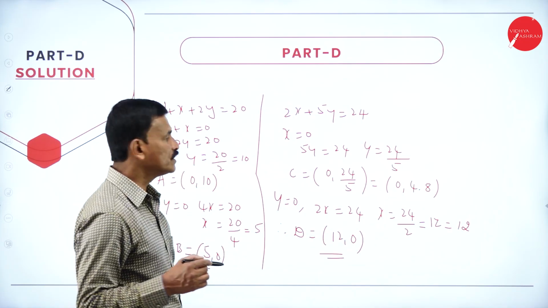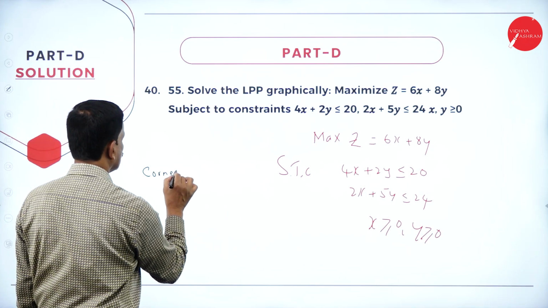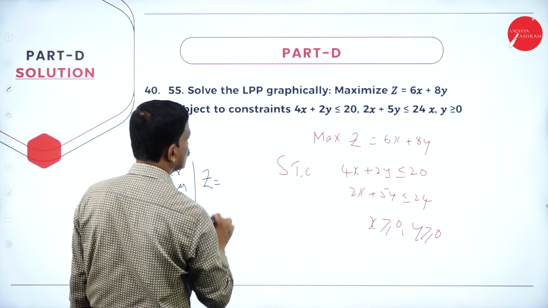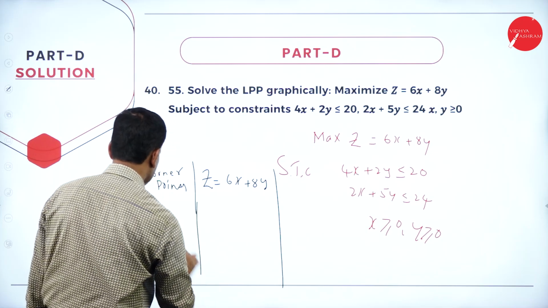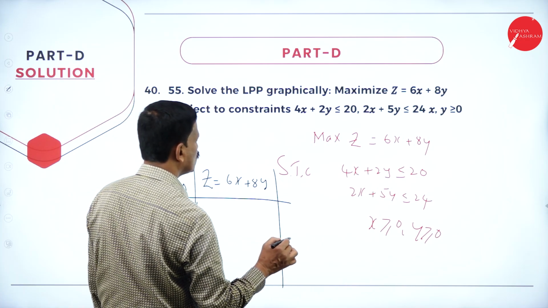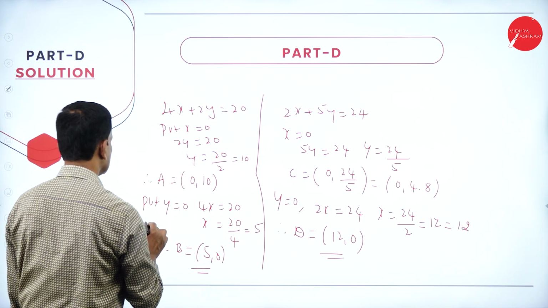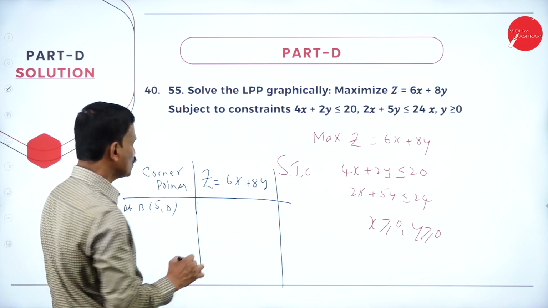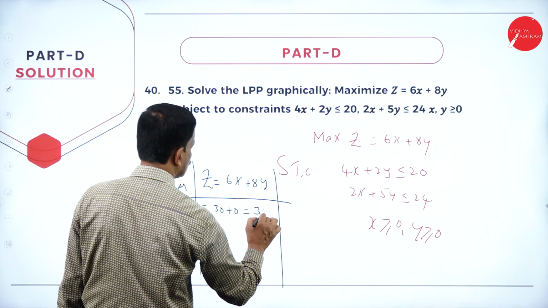Okay. Now what is to find? Now just write here. Corner points and objective function, that is z is equal to 6x plus 8y. At the first point, we have 0 comma 0. At 5 comma 0, z is equal to 5 sixes are 30 plus 0, that's equal to 30.